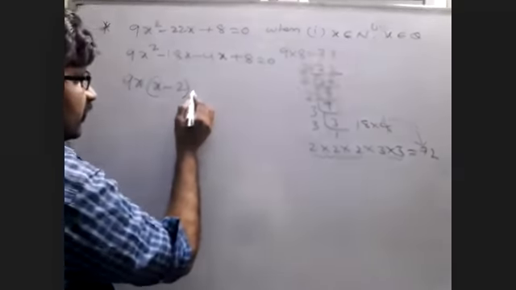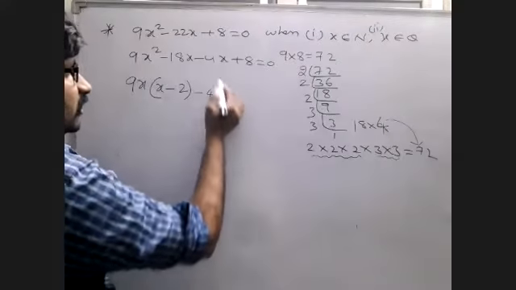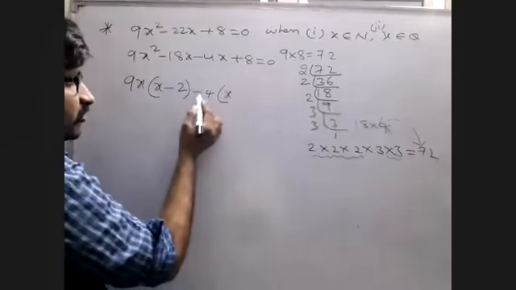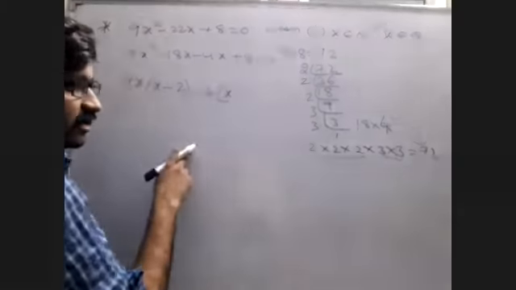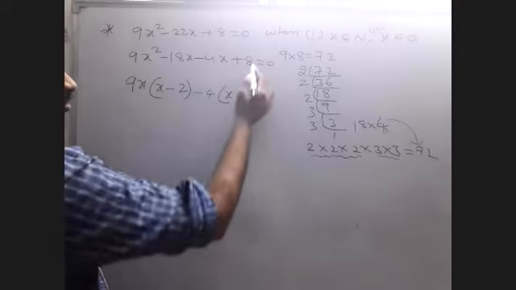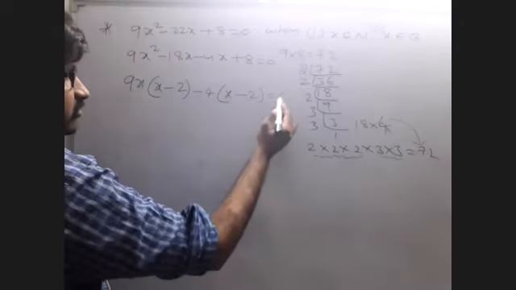Next from these two we can take minus 4 common. Here minus 4 taking common, x is there, and one more minus is there. Why? Because minus into minus is plus. And 4 twos are 8 is equal to 0.